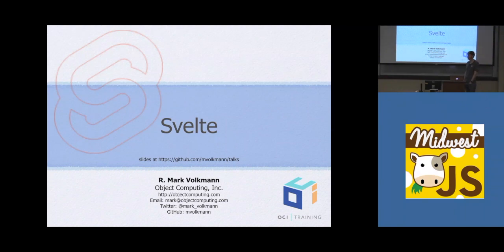Yes? Have you seen any good articles about benchmarks against React and Angular beyond file size, like performance? I have seen some of that. So the question is, have I seen any articles talking about performance comparisons to other frameworks? When I was first investigating Svelte and writing an article about it, I really wanted to say not only is the bundle size smaller, but the performance is much better.